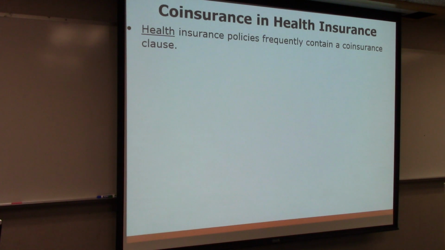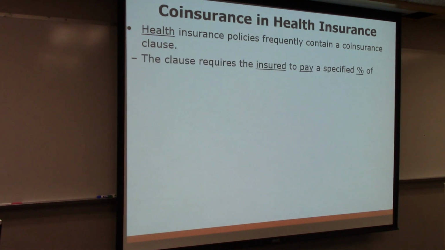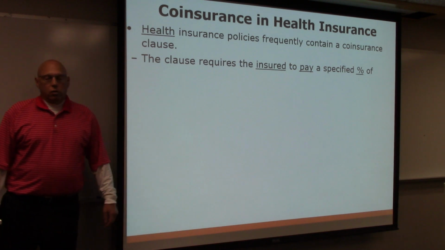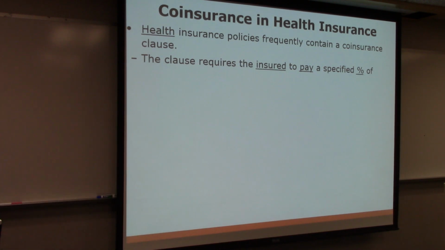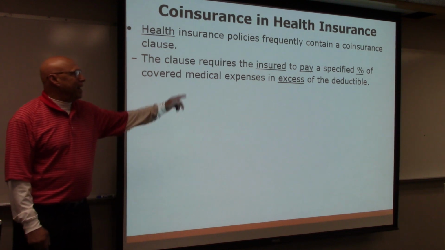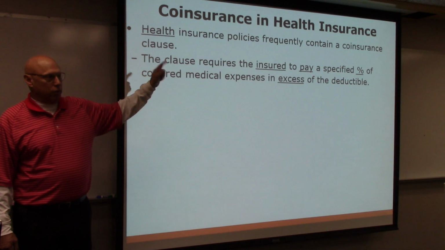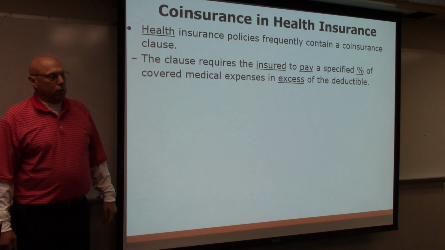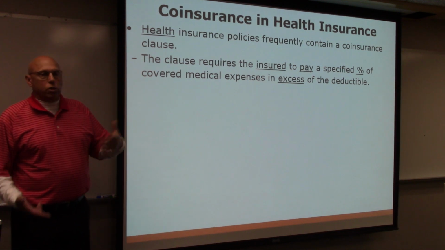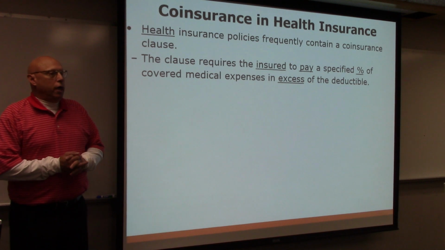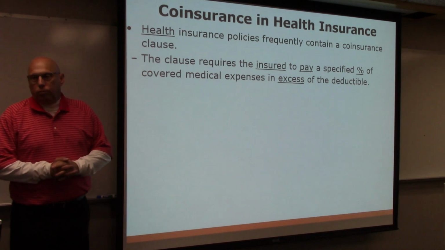All right, co-insurance in health insurance, a little different, okay? So with co-insurance, you pay a specified percentage of covered medical expenses in excess of the deductible. So let's say you have a health insurance policy and you have a $500 deductible, okay?